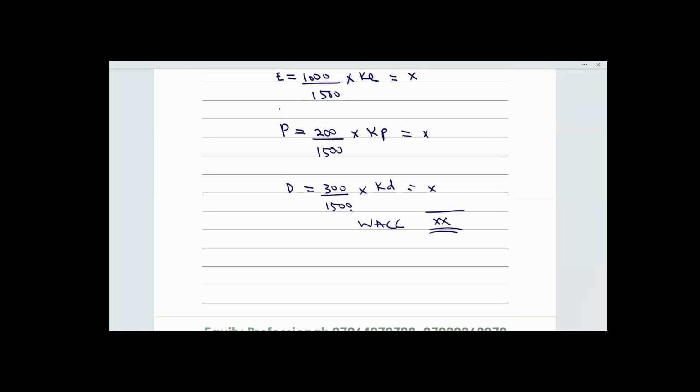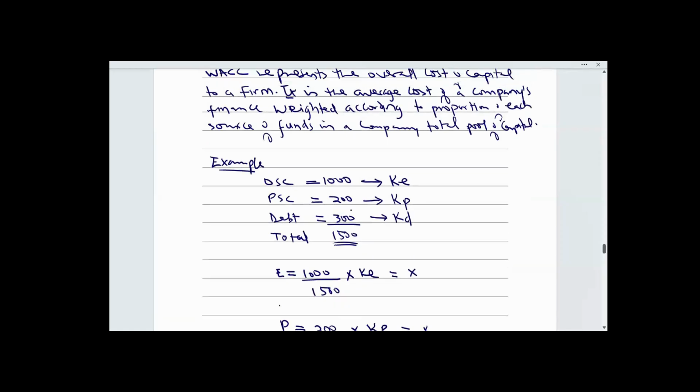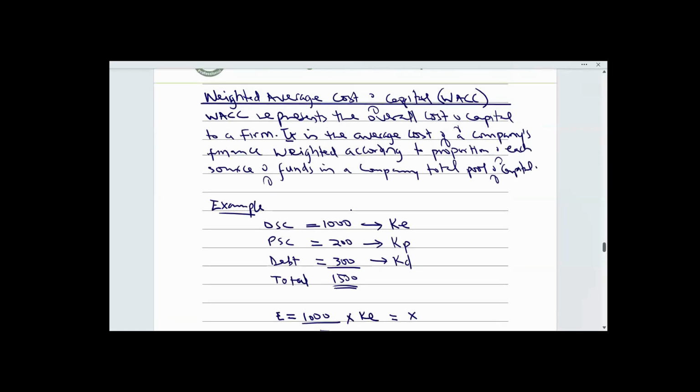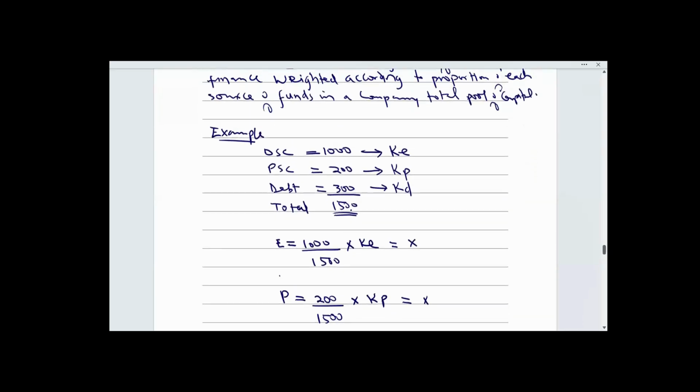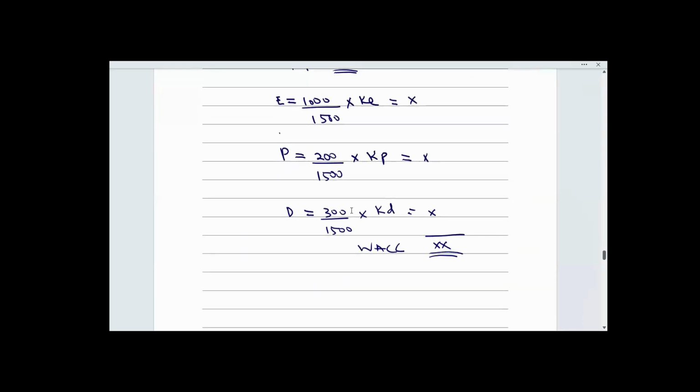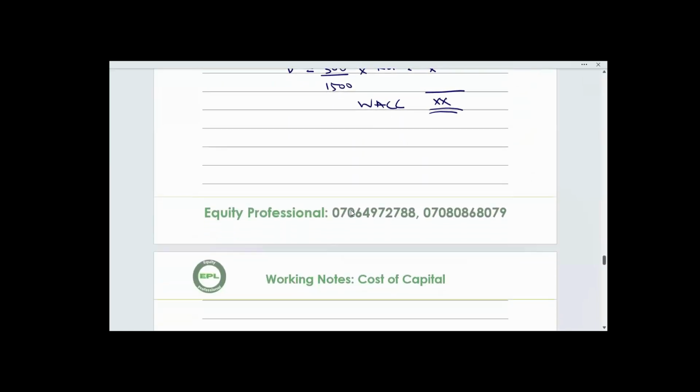Okay? That's why we are saying that WACC is the average cost of a company's finance weighted according to the proportion, okay, of each source of finance in a company's total pool of capital or in a company's capital structure. Okay? So that's basically what WACC is all about. Now, how do you then estimate WACC? WACC can be calculated, okay? WACC, let me write that.